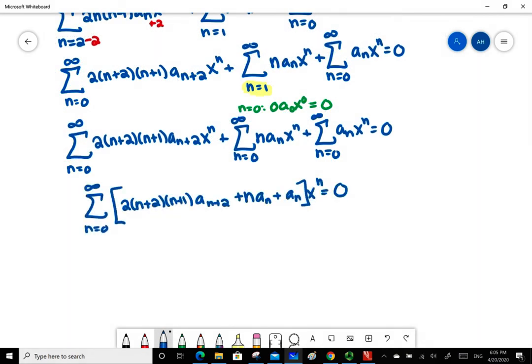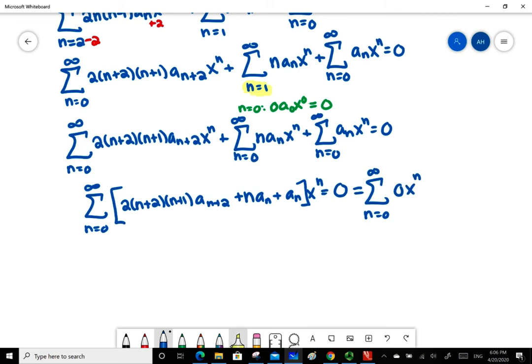Comparing coefficients, the sum from n equals 0 of 2 times n plus 2 times n plus 1 times a sub n plus 2, plus n a sub n, plus a sub n, x to the n equals 0, which is equal to the sum from 0 to infinity of 0 x to the n.